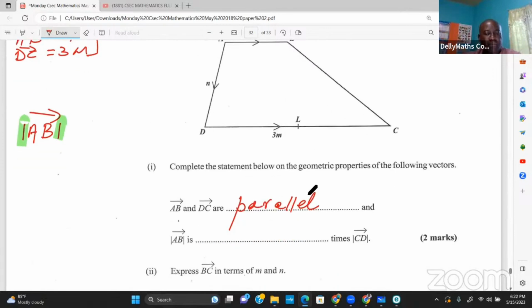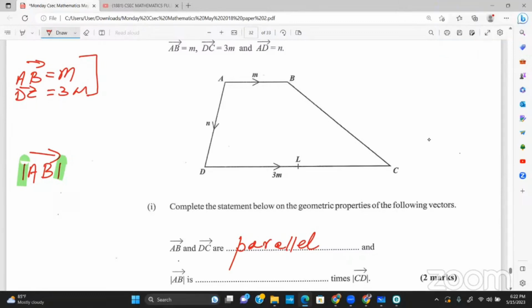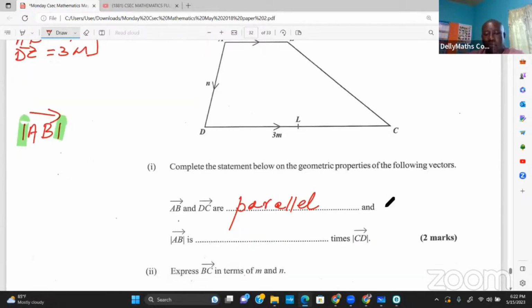Now, what do you think? What's that scalar number? Anybody? 3, sir. All right, you're thinking, but I want you to think carefully. 3 is a good number. However, how did they phrase the question? Which one is bigger, DC or AB?